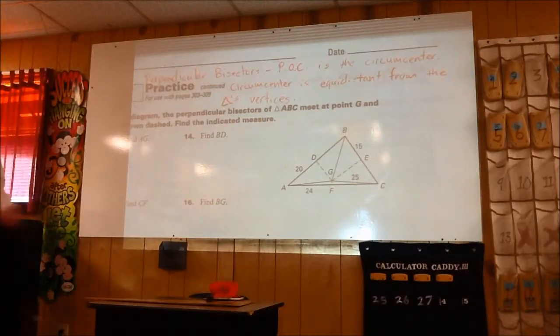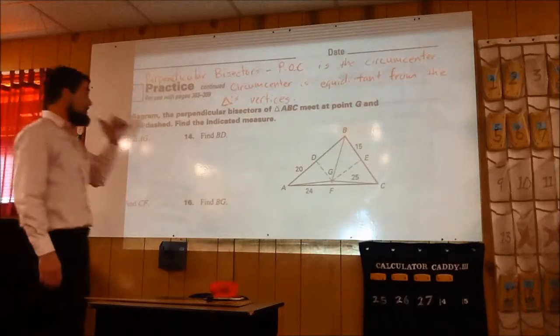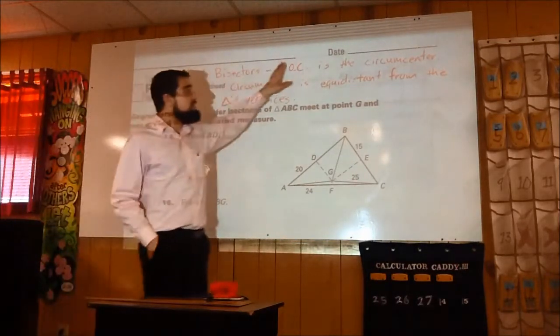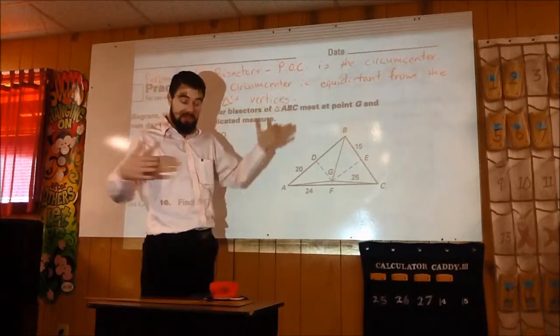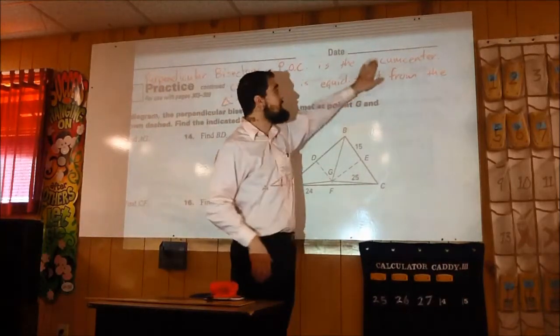The vertices are just those endpoints of the segments. Because now we're talking about the segments being the sides, the endpoints of those sides are just the vertices of the triangle. So this page is all about the perpendicular bisectors. The point of concurrency, meaning where they're always going to meet, is called the circumcenter.